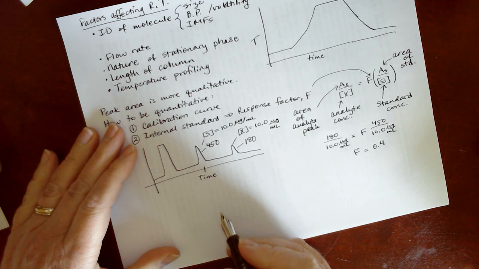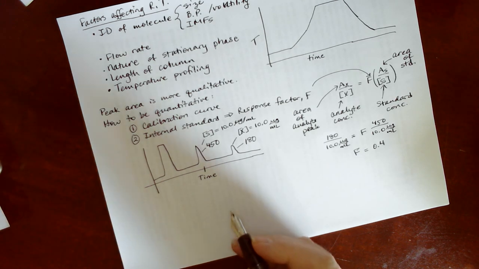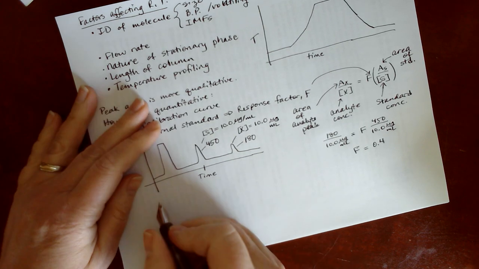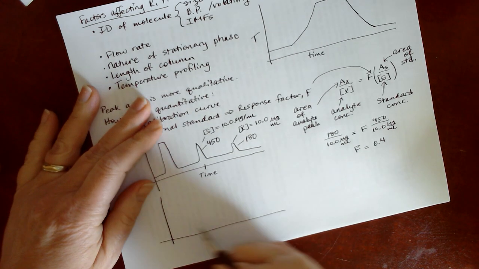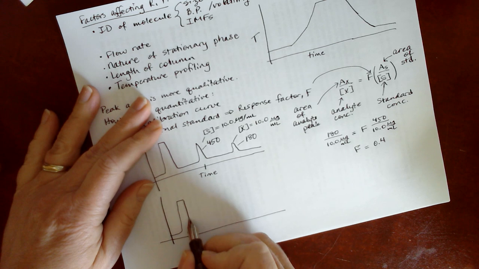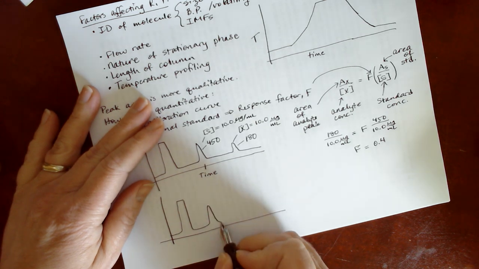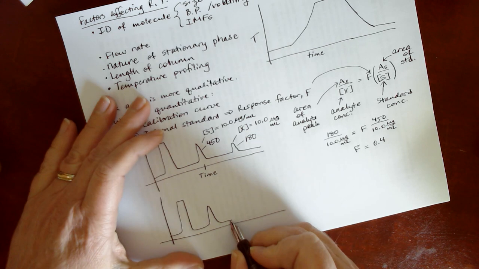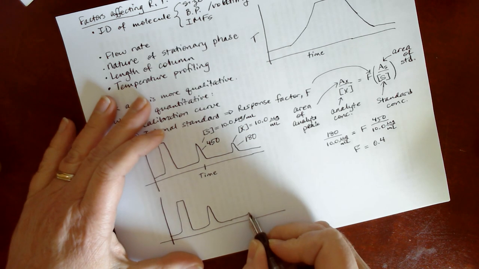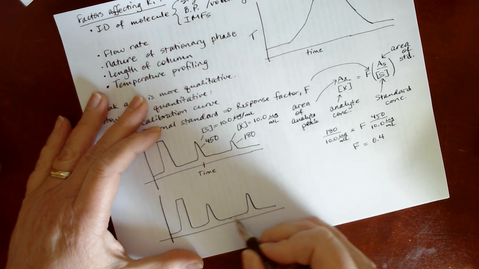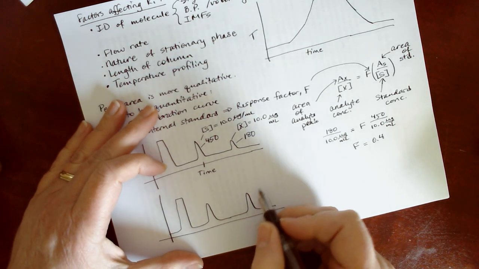So now you run another sample with an unknown. So let's say that you do this other sample now. And so here's your solvent peak, and here's your internal standard peak, and now here's our analyte. I didn't draw that very well, I didn't mean to make them almost the same size. But anyway, we'll make this one a little bit bigger.